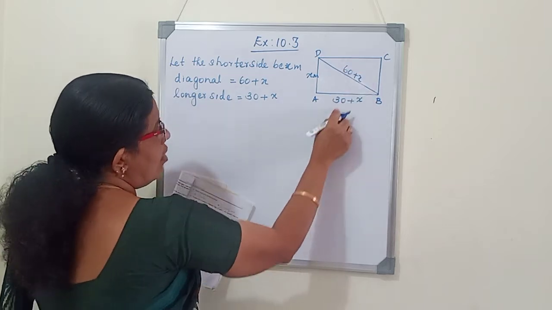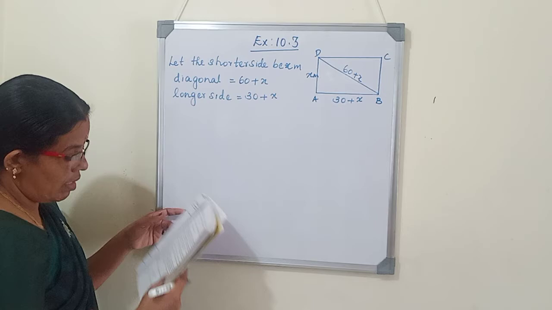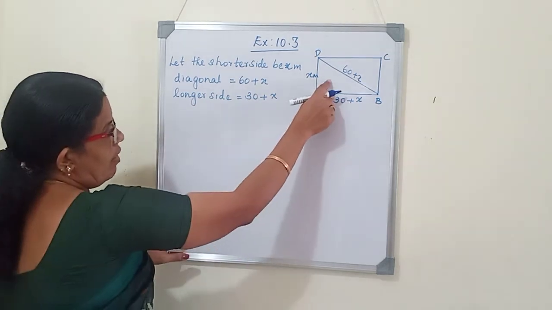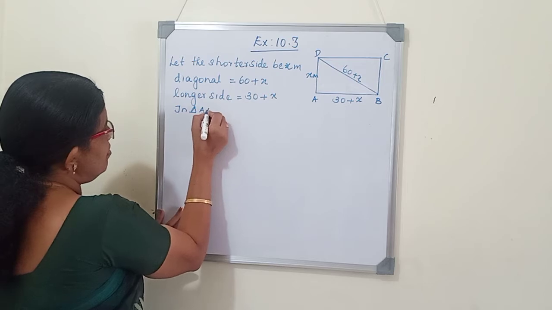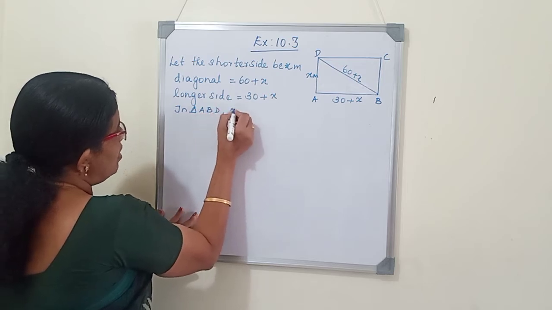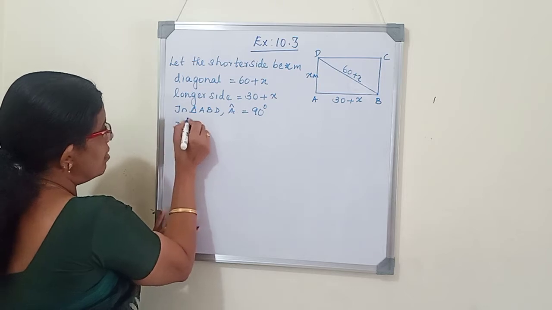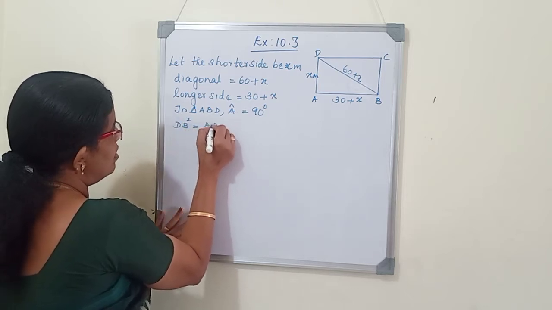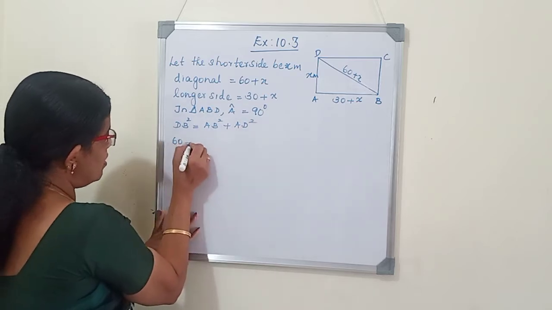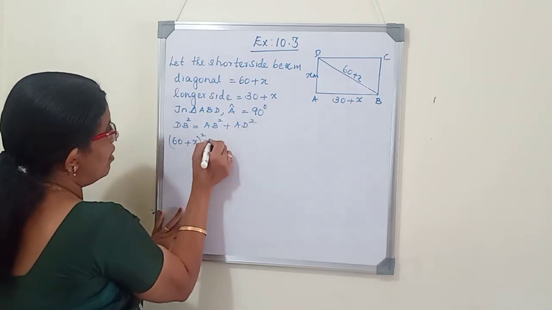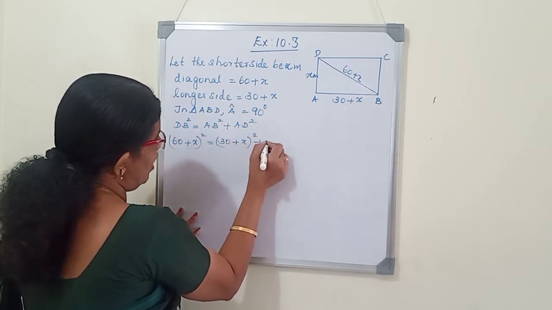As in a rectangle opposite sides are equal, we will consider any one right angle triangle, apply Pythagoras theorem and find the value of x. So in triangle ABD, angle A equals 90 degree, DB square equals AB square plus AD square. 60 plus x the whole square equals 30 plus x the whole square plus x square.